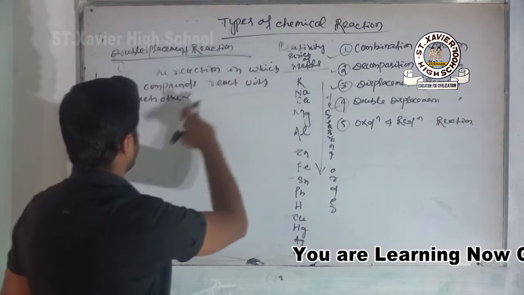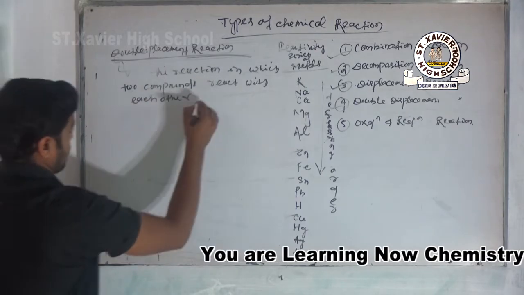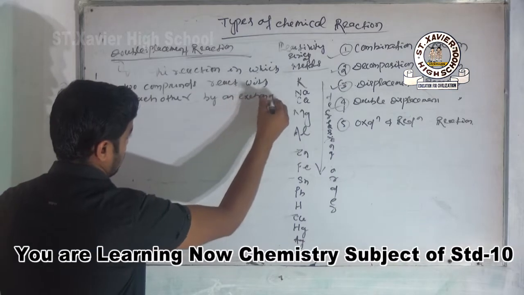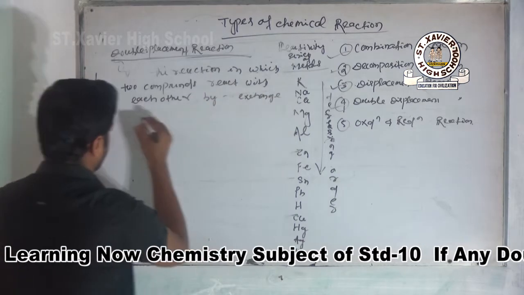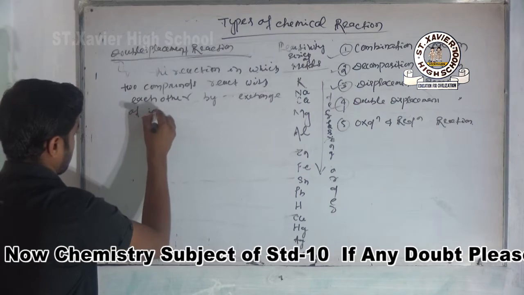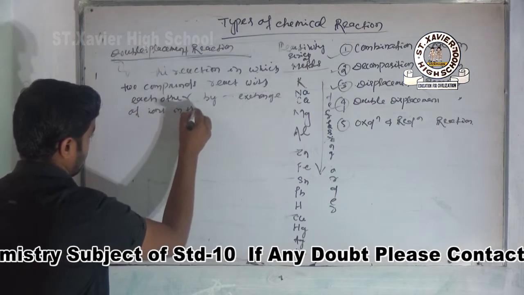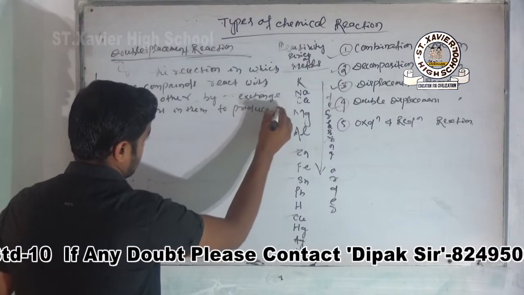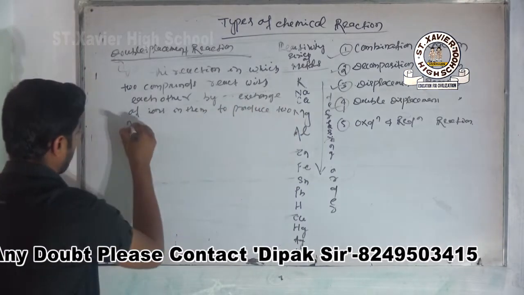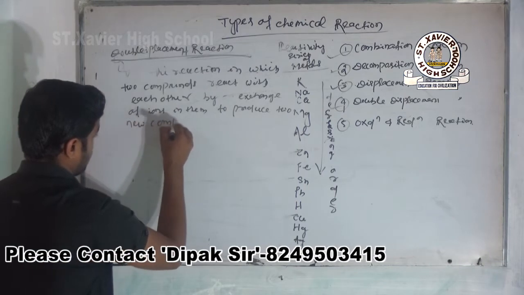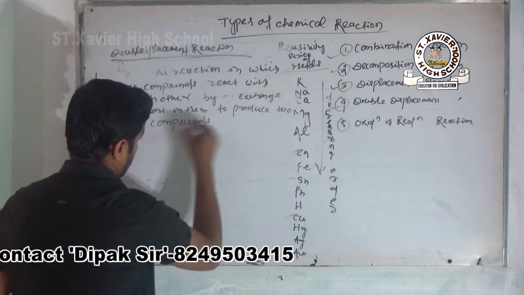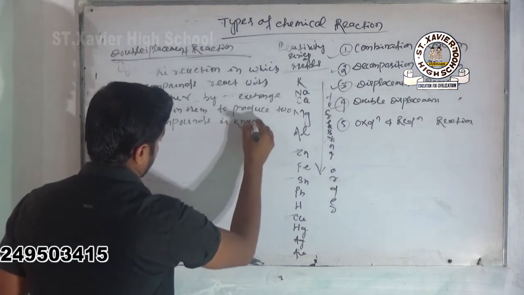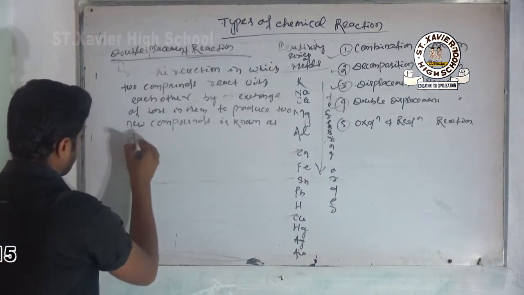The reaction in which two compounds react with each other by an exchange of ions in them to produce two new compounds is known as double displacement reaction.